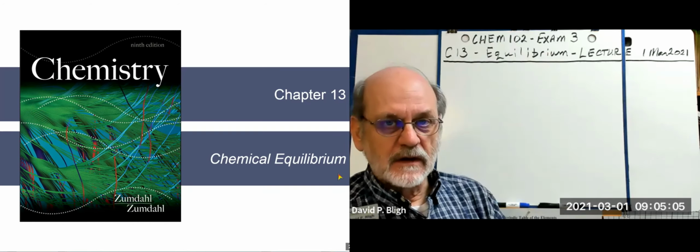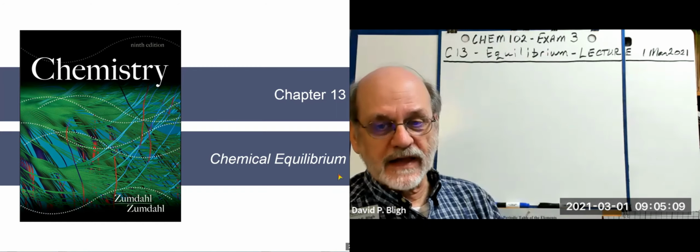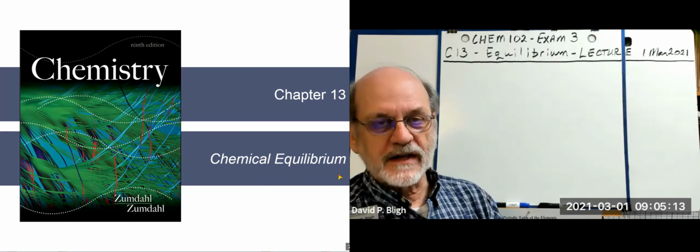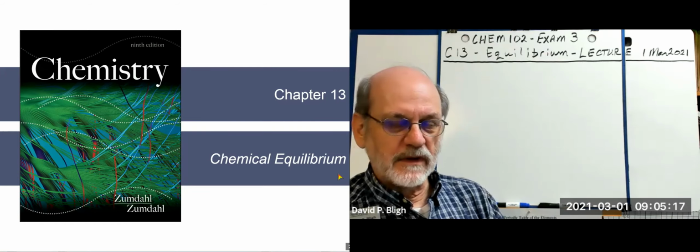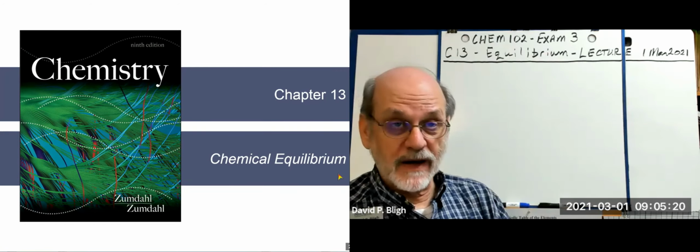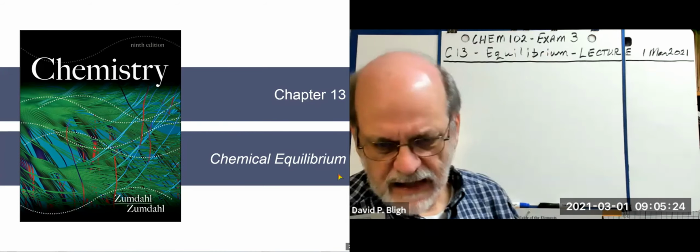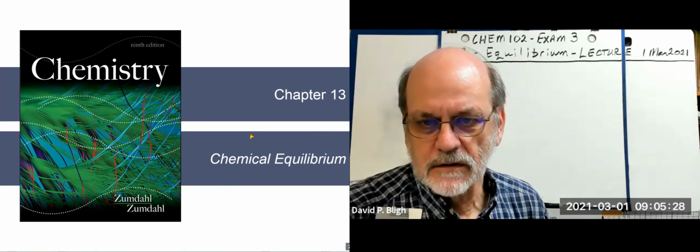Even though historically chemical equilibrium was studied first in quantitative detail, understanding chemical equilibrium is better accomplished by studying kinetics first. And that should become fairly obvious here in just a few minutes.